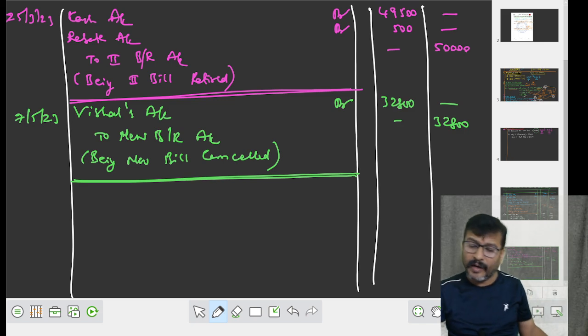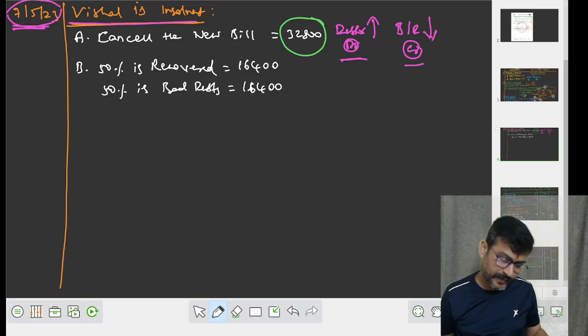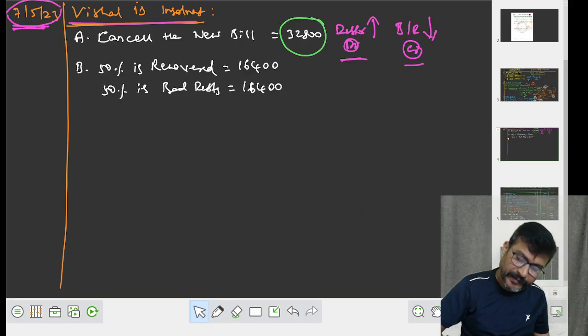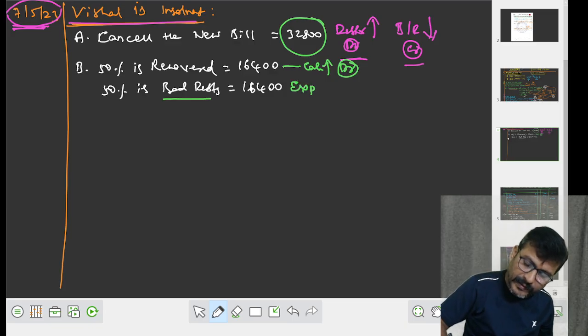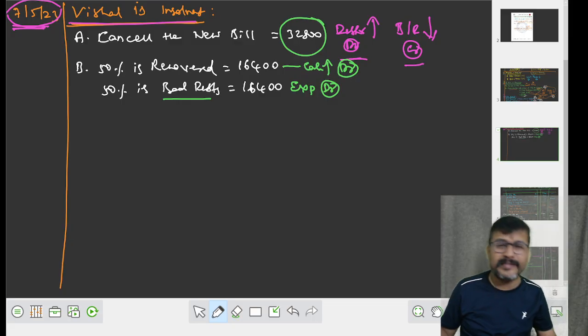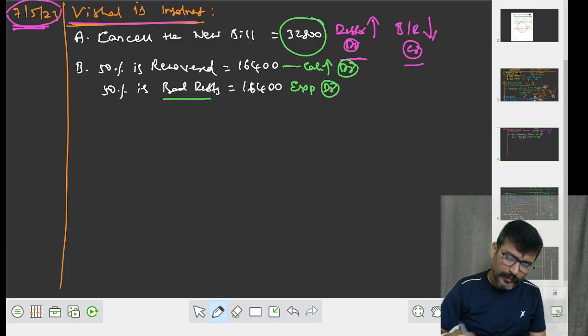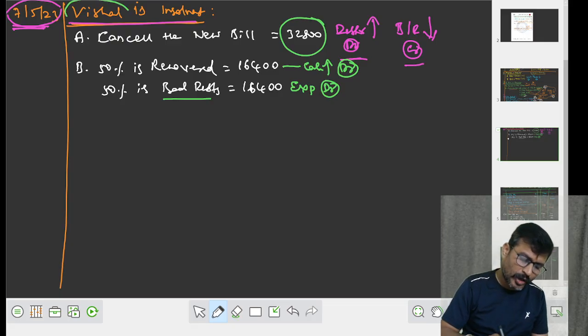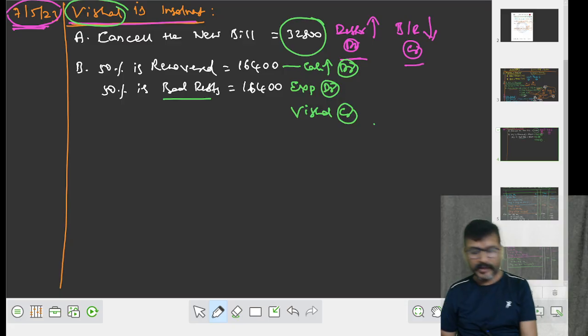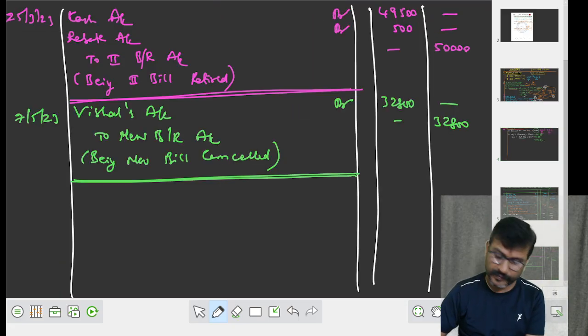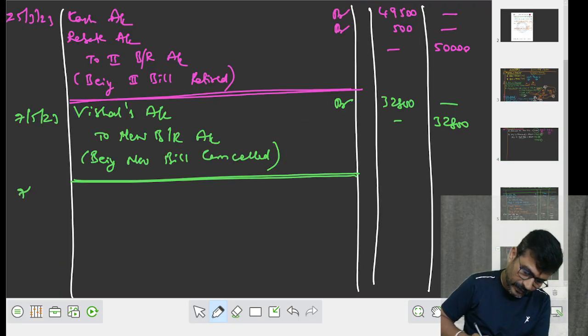Fine. After that, my dear student, what happened? You see, 50% is recovered. When you recovered, cash increased, debit. There is a bad debts. Bad debts means expenses, debit. All this amount is recovered from whom? All this amount is recovered from Vishal. So Vishal is to be credited. Now the entry will be what? On the same date.